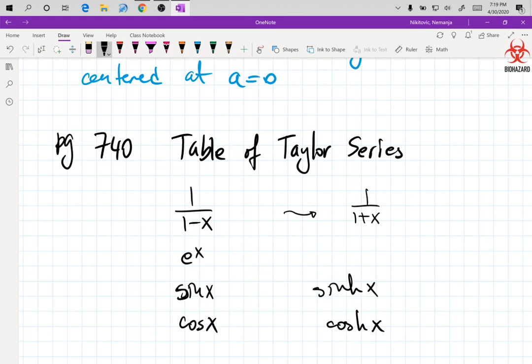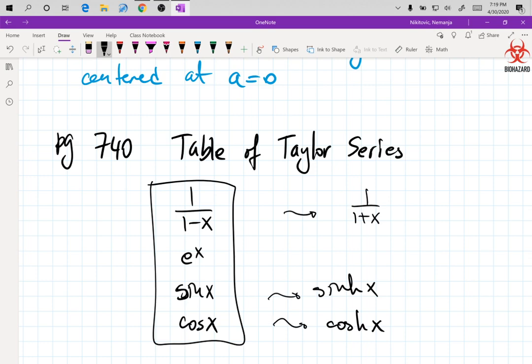You know how cosine x had that negative 1 to the n in a power series? Cosine hyperbolic x is the same, we just take that term out, the negative 1 to the n. Take the alternation out, and that's your cosine hyperbolic. So same formula, just take away that one piece. It's very easy to remember those. So if you memorize these 4 here, then you can get another 3 for free, technically.